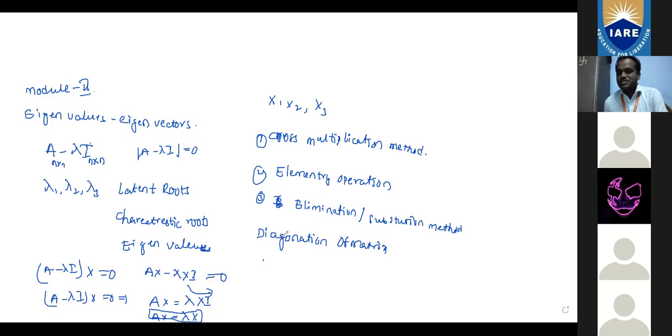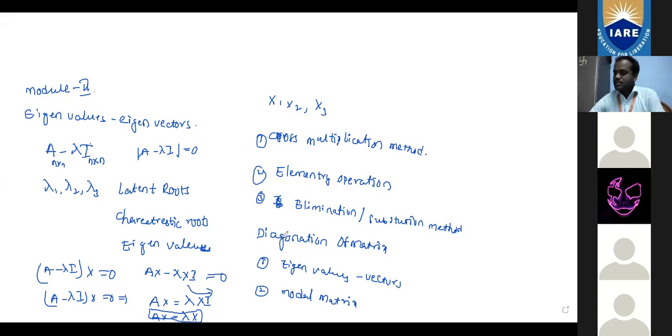In this, first you find for any given matrix the eigenvalues and the corresponding eigenvectors. After that, you make the modal matrix with the help of eigenvectors.